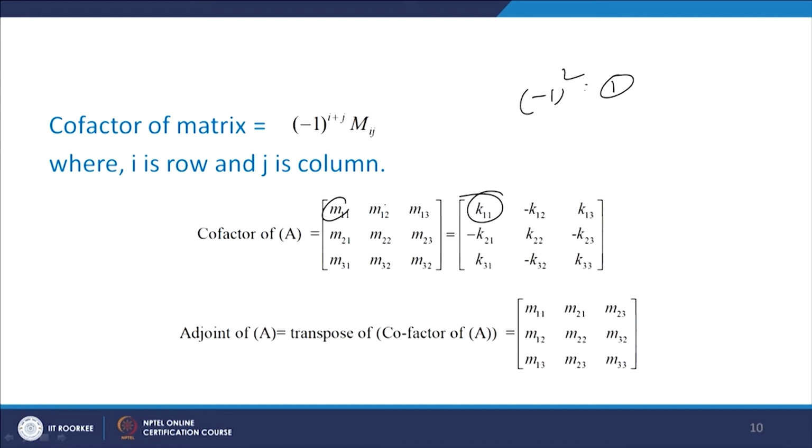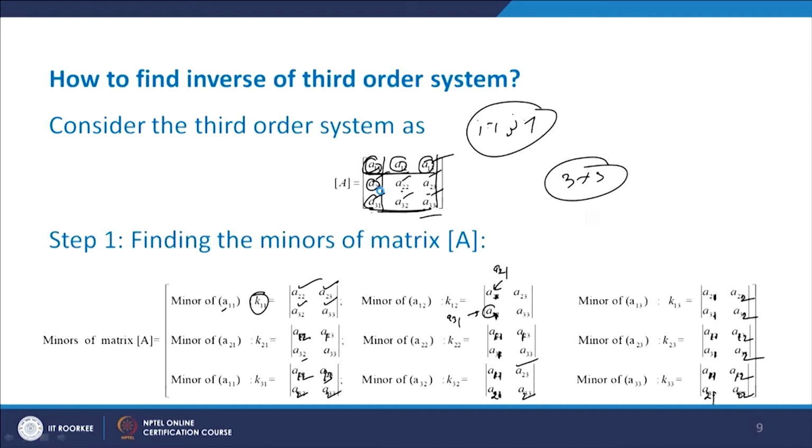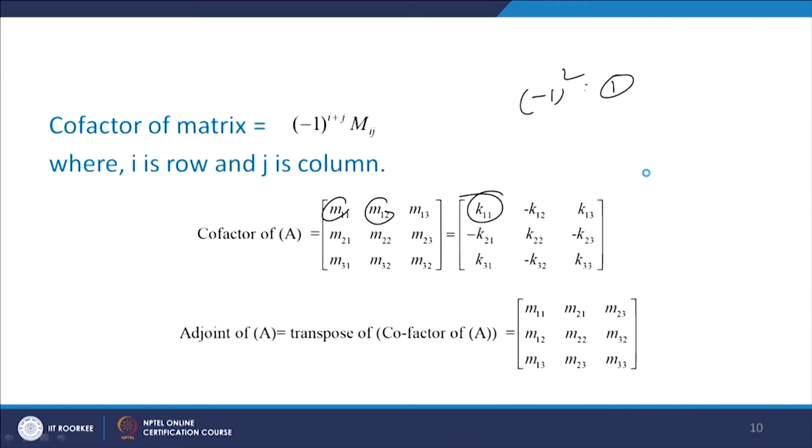Similarly, if you take this element, A12, just see where A12 lies. It lies in the first row, this is row 1, and what is the column? The column is 2. First row, second column. So 1 plus 2 is 3, so (-1) raised to 3 equals -1.